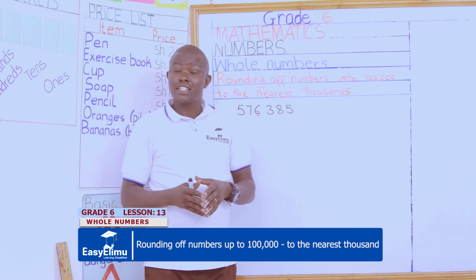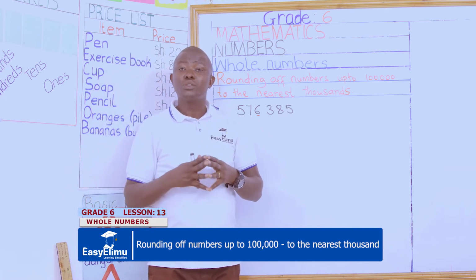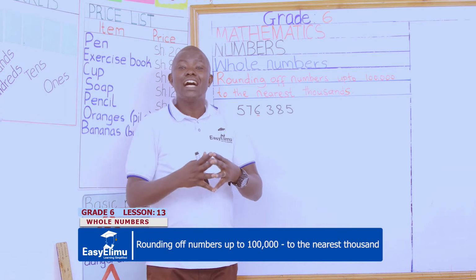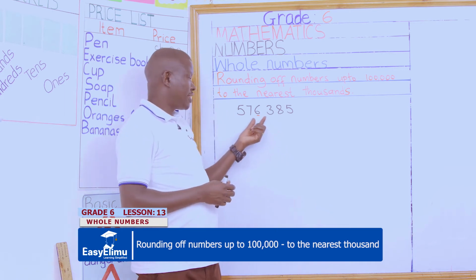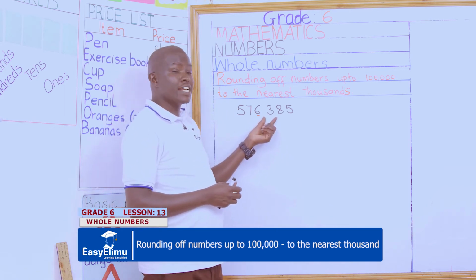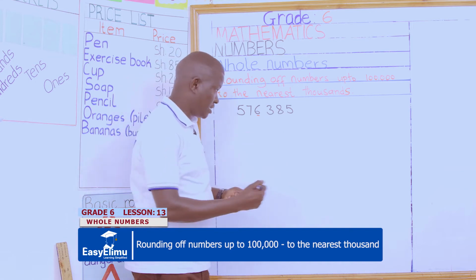Now, the next step for you to round off, look at the digit before the thousands place value, which is in the hundreds place value, which is 3.